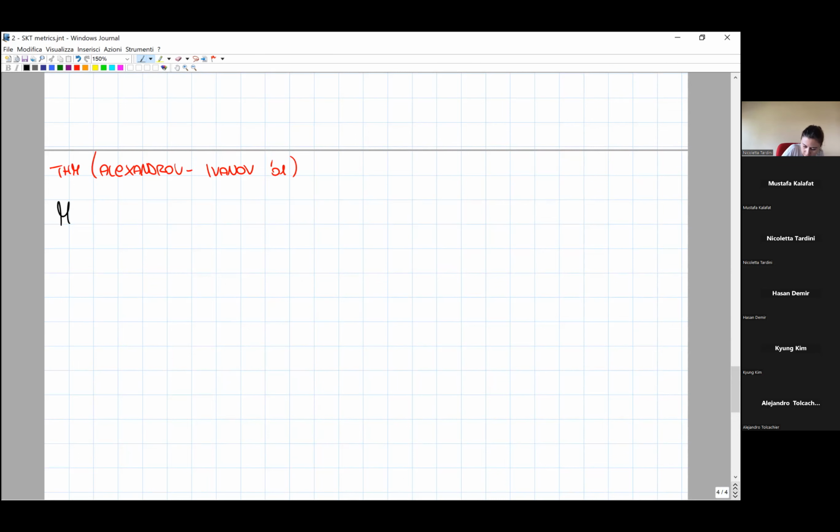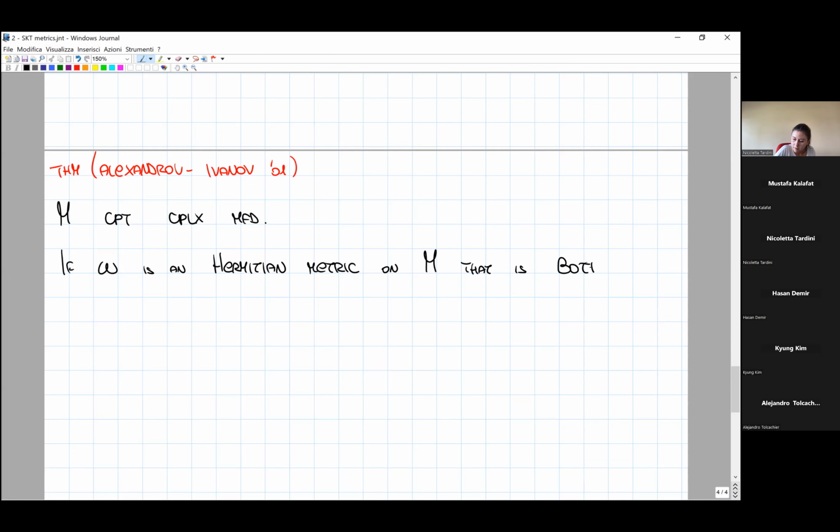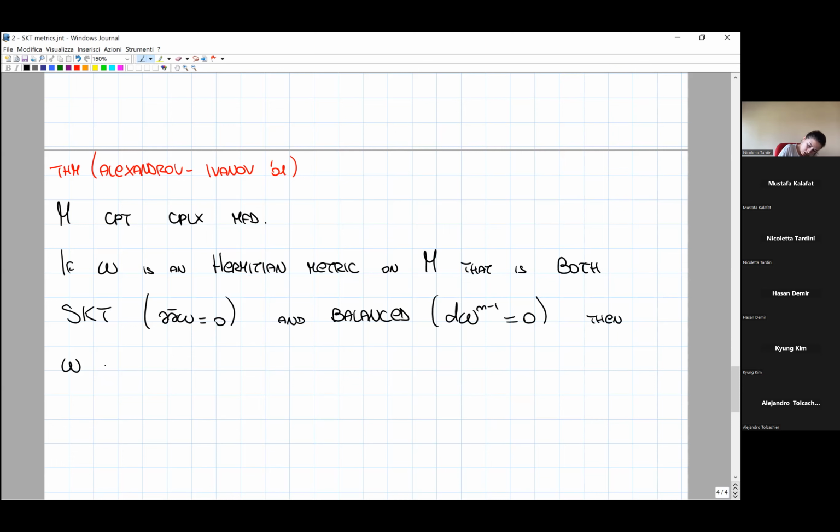If you have a compact complex manifold M, and omega is a Hermitian metric on M that is both SKT, which means del bar del omega is equal to 0, and balanced, which means d omega to the n minus 1 is equal to 0, then omega is Kähler.